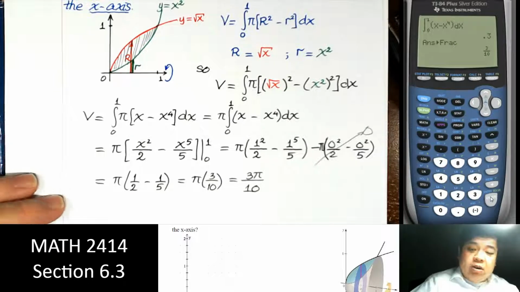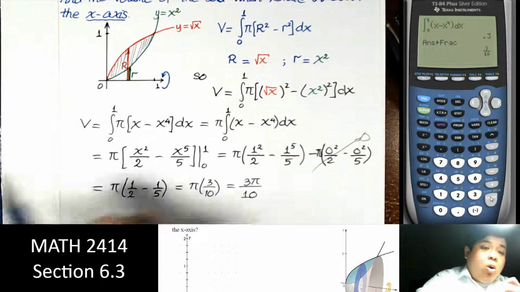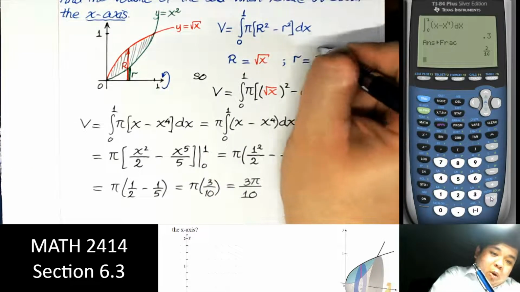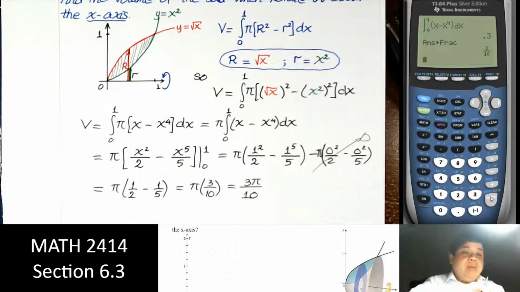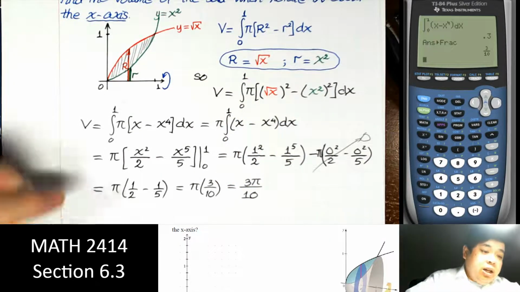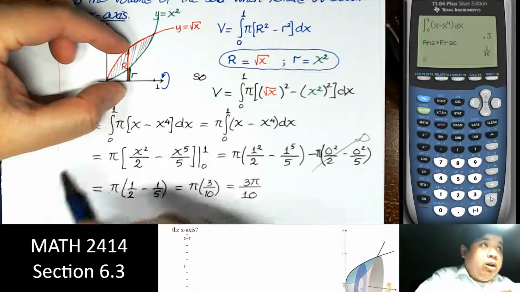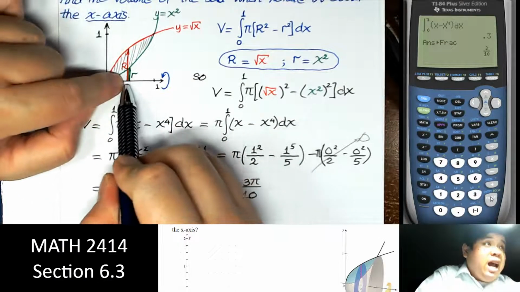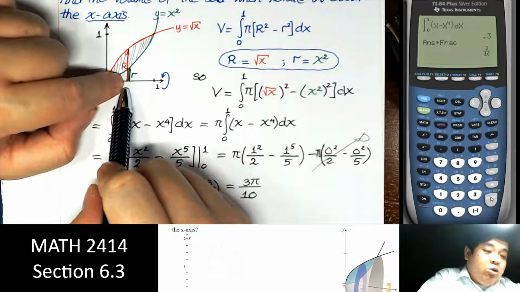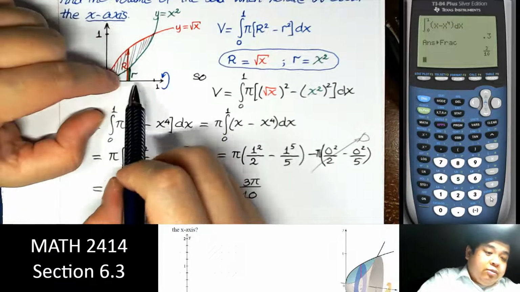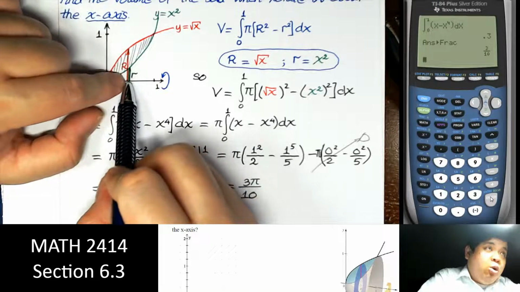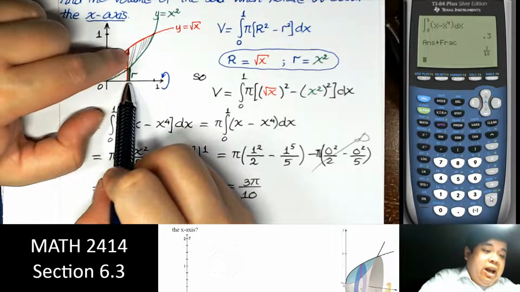So to recap, on the washer method, the important thing is to determine what the big radius is and what the little radius is. The big radius, of course, is from the axis of rotation to the outer edge. And the little r is from the axis of rotation to the inner edge.